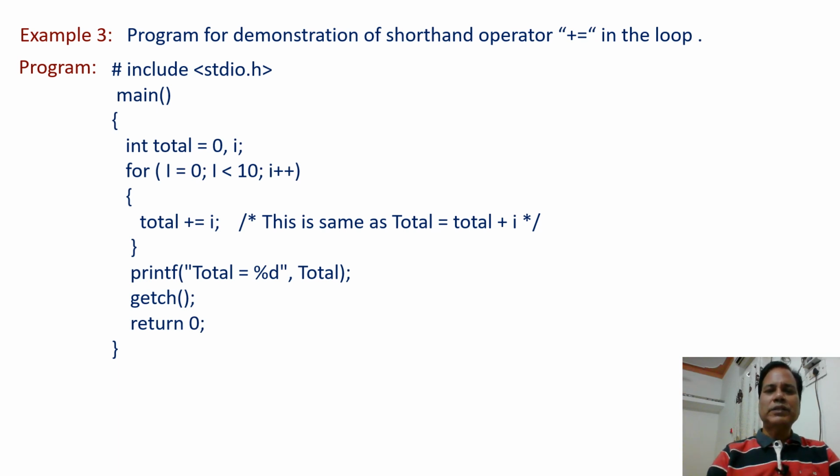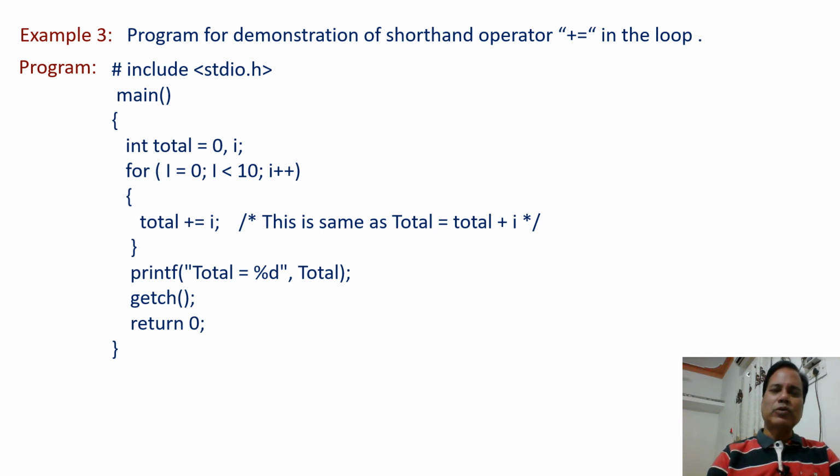So again initially we declare the variables: int total equal to 0, comma i. So we declare the two variables, total with its initial value set as 0, and i. Then for i equal to 0, i less than 10, i plus plus.